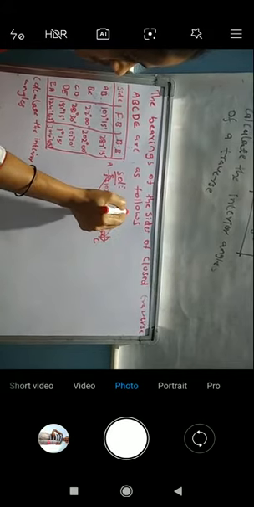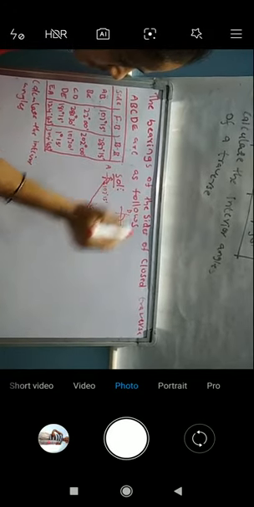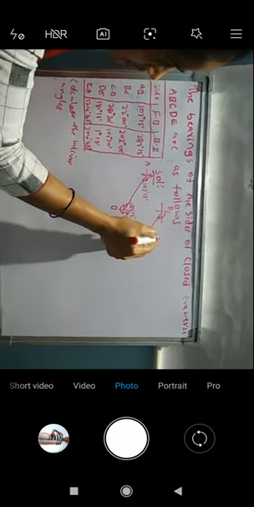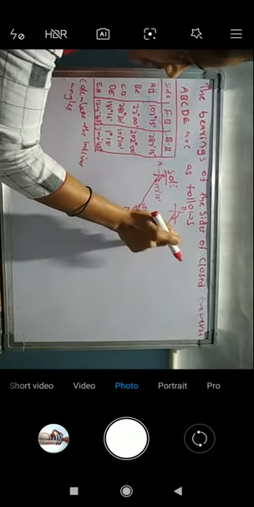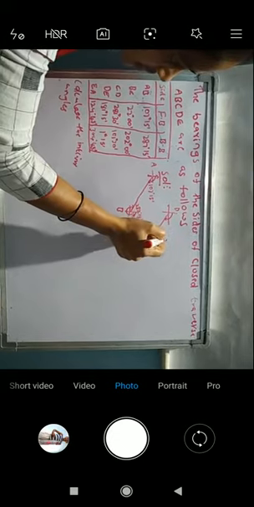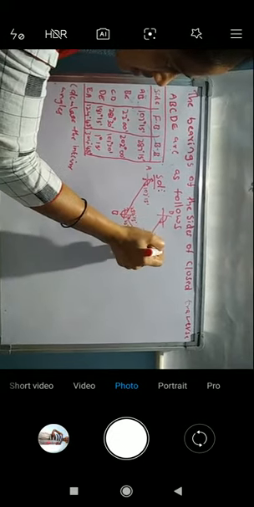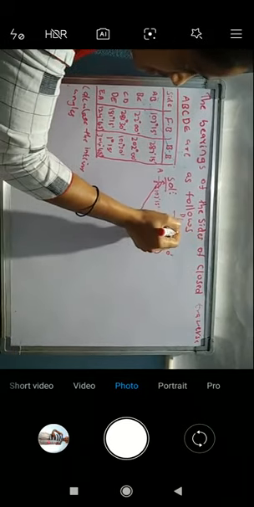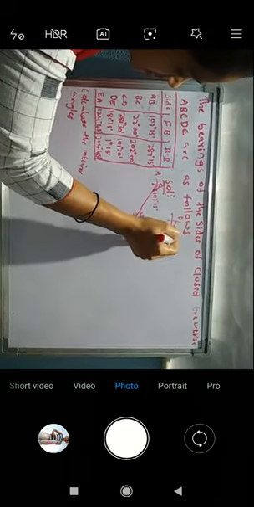Yes, this one, this is D station, and this is the forebearing of CD. So that is 281 degrees 30 minutes, and this is 101 degrees 30 minutes.